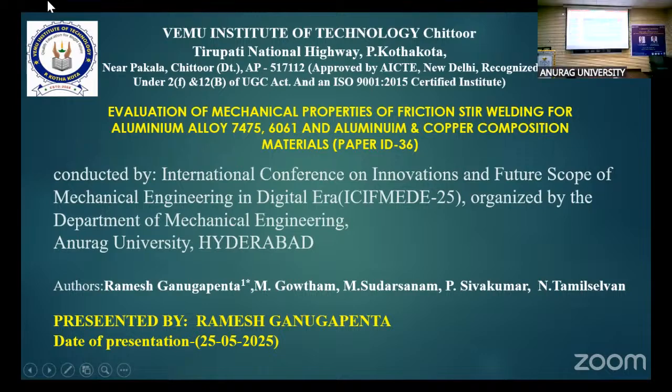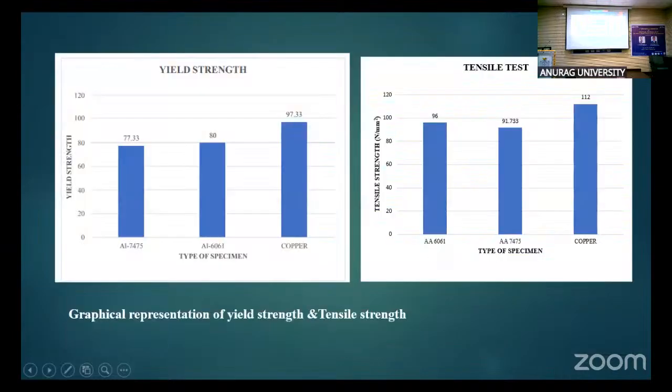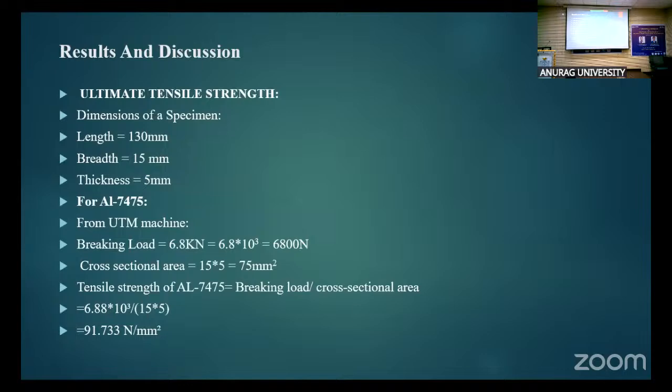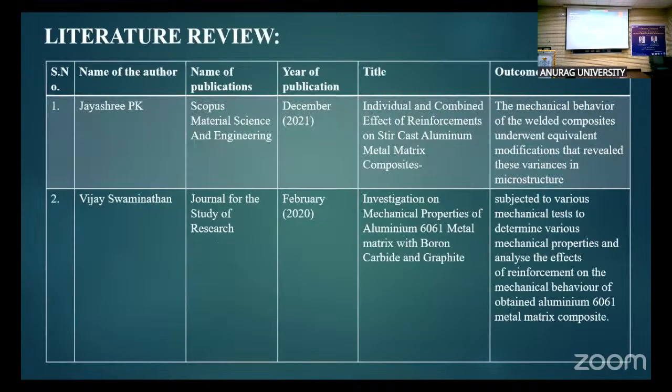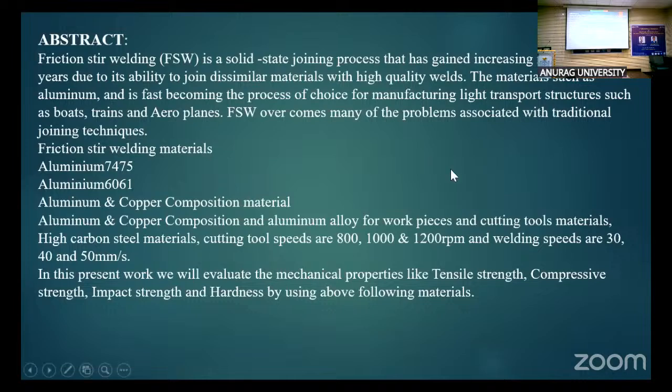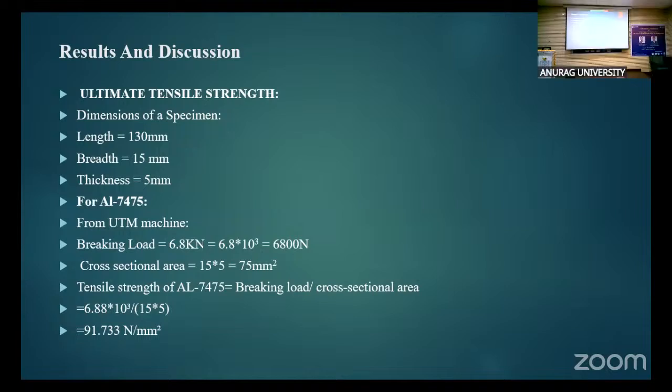Sir, the dimensions you mentioned, are they for the welding area or the total specimen length? Also, you have not mentioned the throat thickness here. Only the welding zone area, sir. But you have not mentioned the throat thickness.